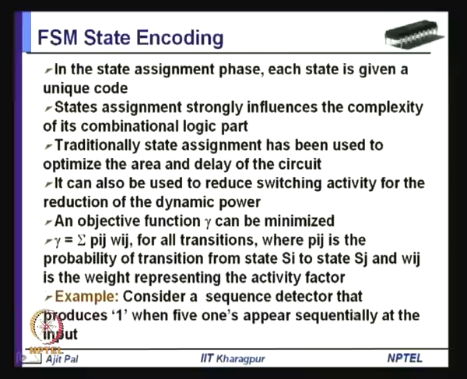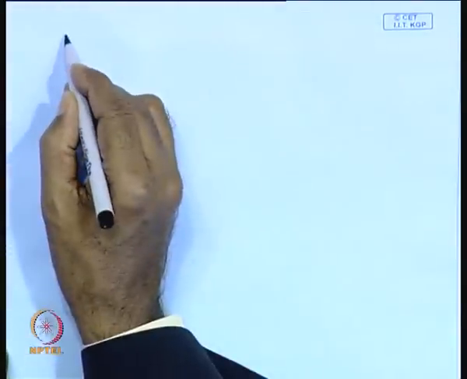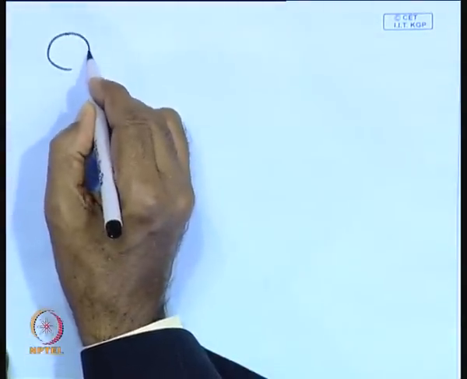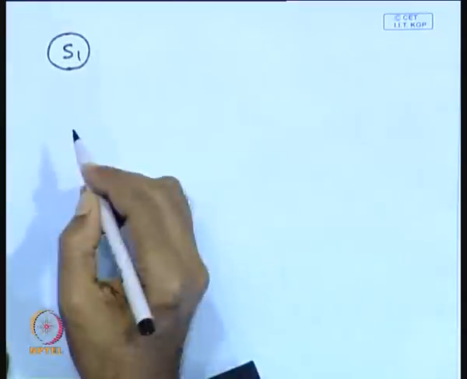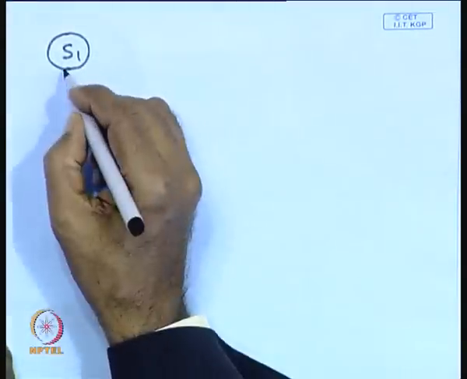Consider a sequence detector that produces a 1 when 5 ones appear sequentially at the input. Let me draw the state transition function of the finite state machine. You can start with state S1, and it has to detect the occurrence of 5 ones.